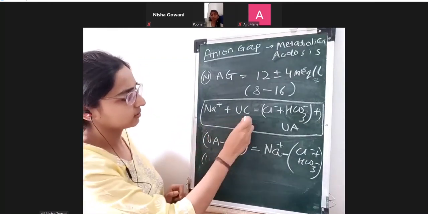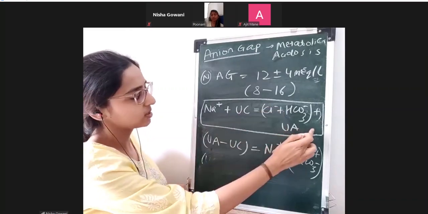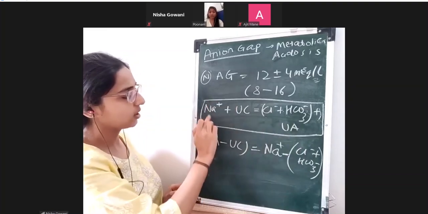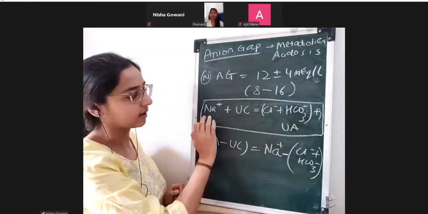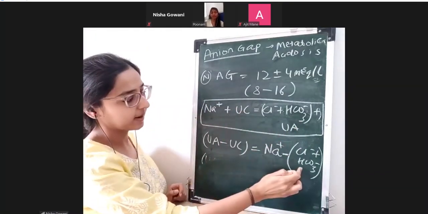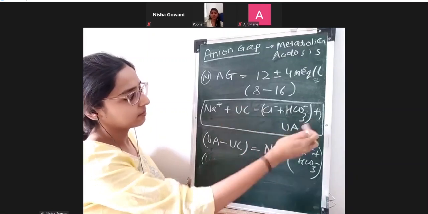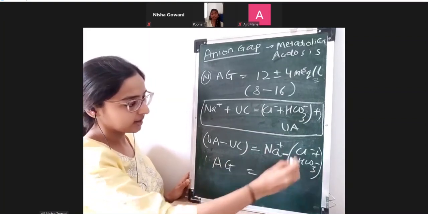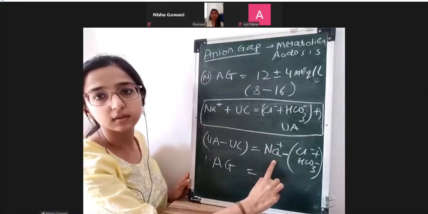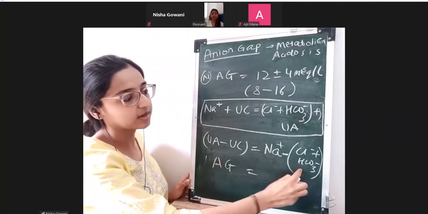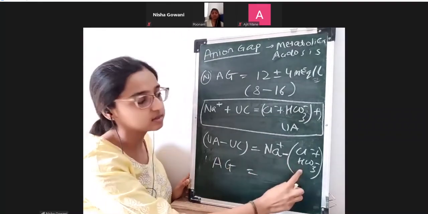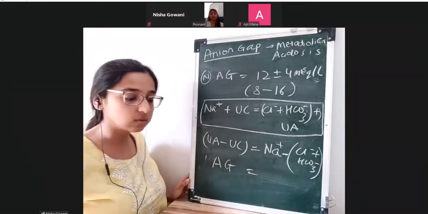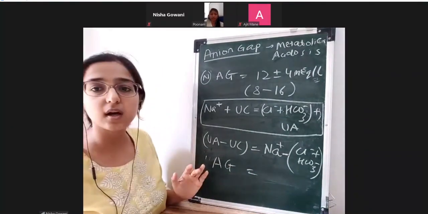If I put this on this side, anions minus cations come on this side, and if I take the sodium, chloride and bicarb on the other side, we get the formula. So this is known as anion gap: sodium minus chloride plus bicarb, that is, the positive charges minus all the negative charges, will give you the anion gap. Okay. So now what are these unmeasured anions?